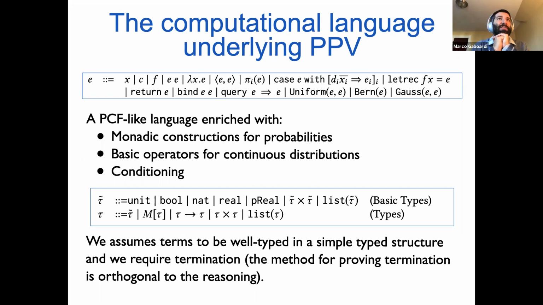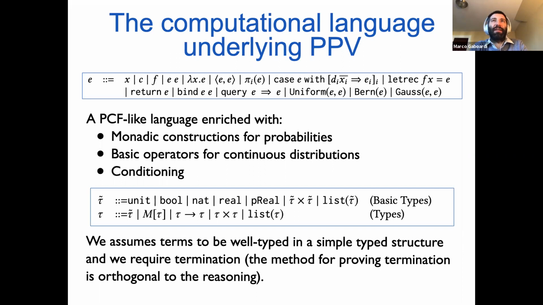The two monadic constructions are the ones in the second row of the grammar, return E and bind E and E1. Then we have some basic operators for continuous distributions. In particular, in the second row of the grammar, we have uniform, Bernoulli, and Gauss.